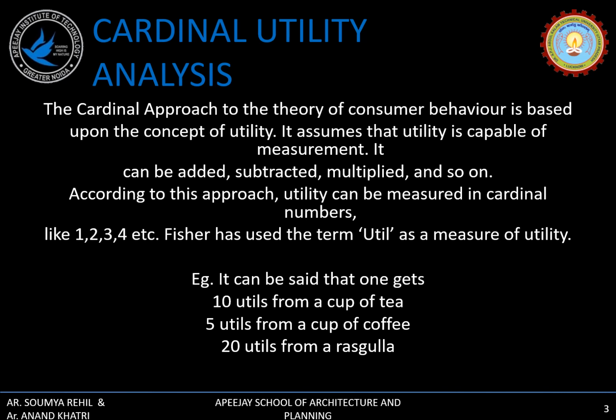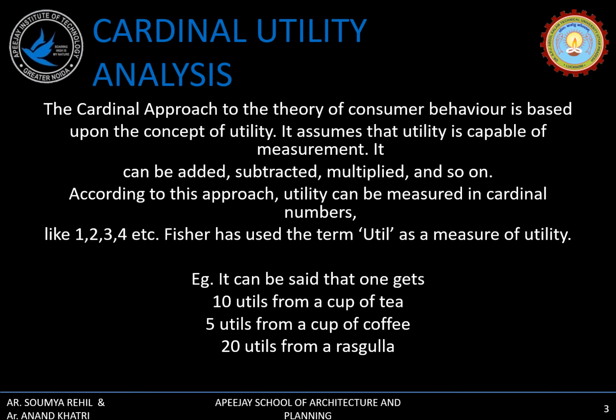If to the same person you offer a cup of coffee instead, they may not be such a big fan of coffee. So this cup of coffee, which has been provided instead of the cup of tea, would only provide 5 utils of satisfaction.